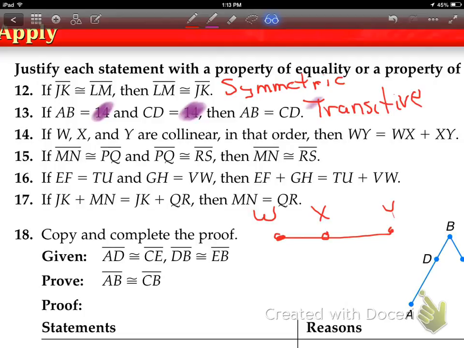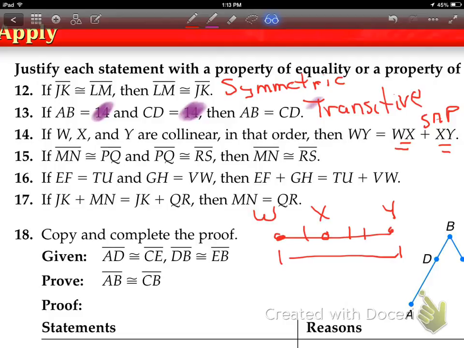So we can see that WX and XY are the two little pieces. They have to add up to the whole thing, and that's exactly what the segment addition postulate says. So here we've got for our reason on number 14 the segment addition postulate, SAP.